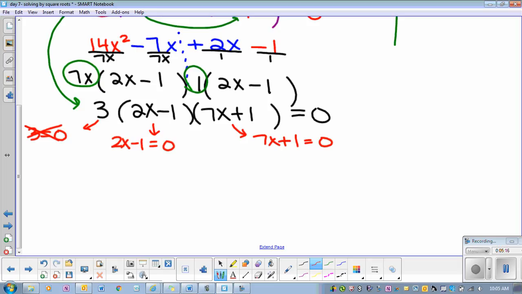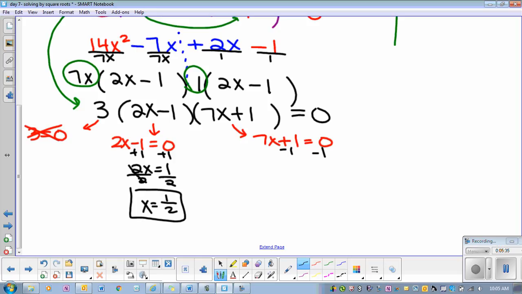How about this guy? Add 1 on both sides, and then divide by 2. So you have x equals 1 half. And then on the next one, you subtract 1 from both sides. Then you divide, and x is negative 1/7.